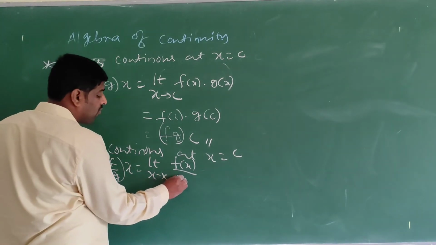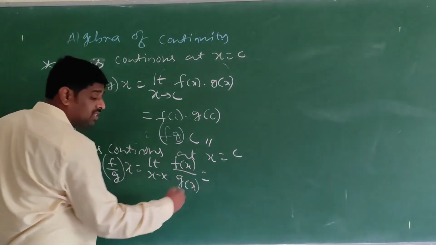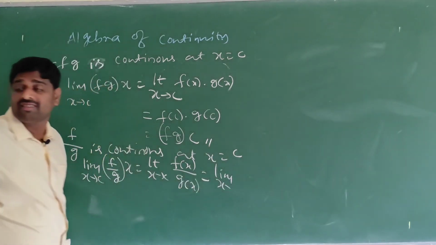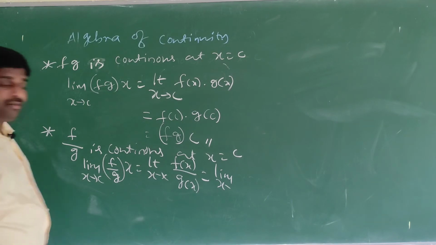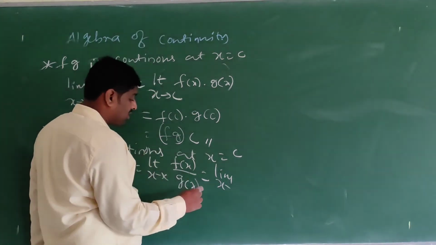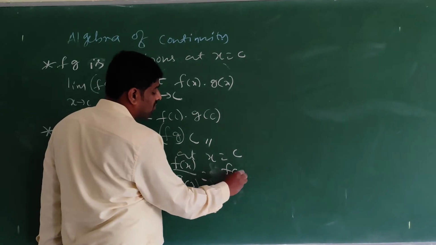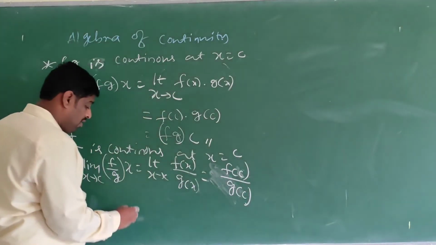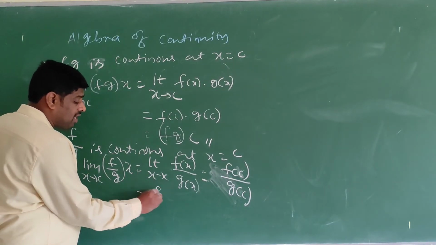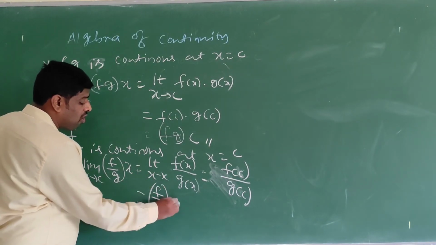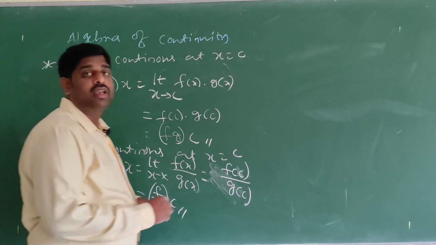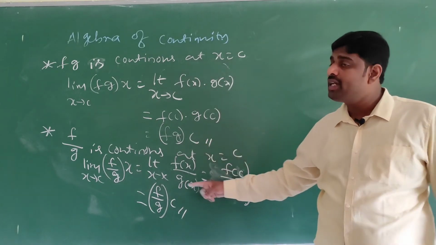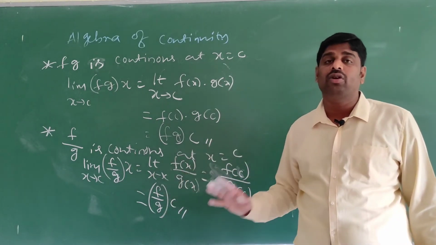This can be written as limit x tends to c, f of x divided by limit x tends to c, g of x, which is f of c divided by g of c. f of c divided by g of c can be written as f by g of c. Therefore, fg is continuous at x is equal to c, and f by g is also continuous at x is equal to c.